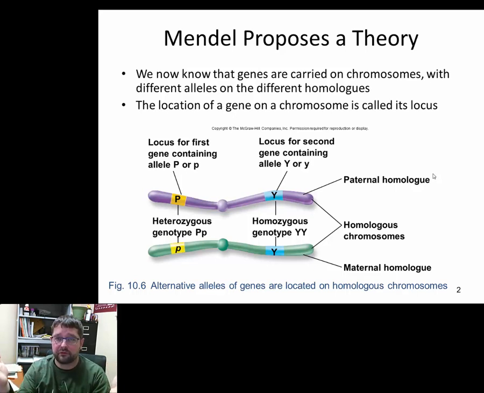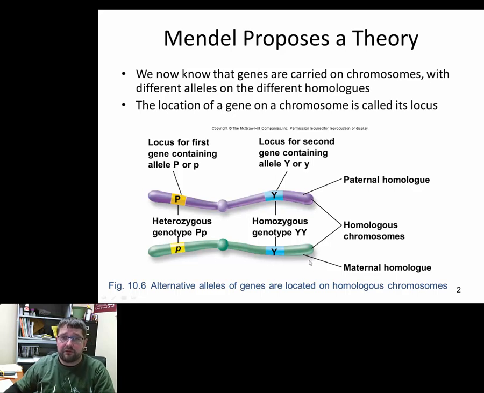He didn't know anything about mitosis or meiosis, which we already covered in this course. So it was pretty remarkable that Mendel came up mathematically with this theory of heredity without knowing what we were actually inheriting. It's pretty cool to think about.